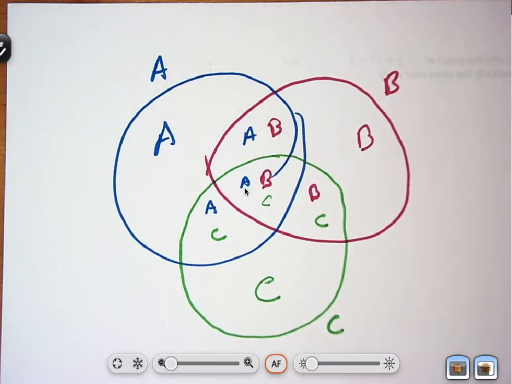So as you can see, there's lots of different relationships you can show with these Venn diagrams. And you can even include all of them into one giant Venn diagram.